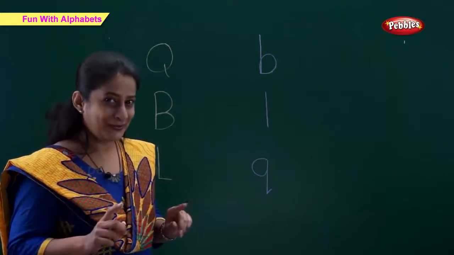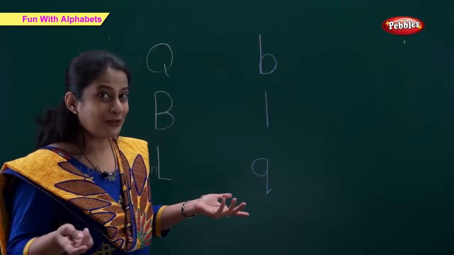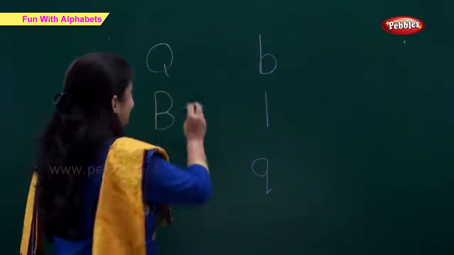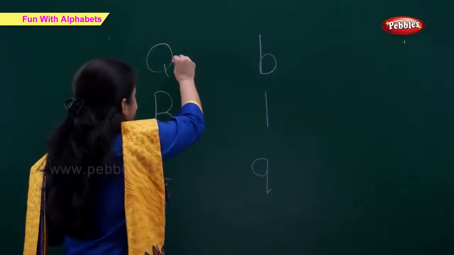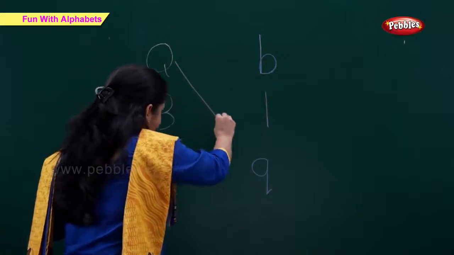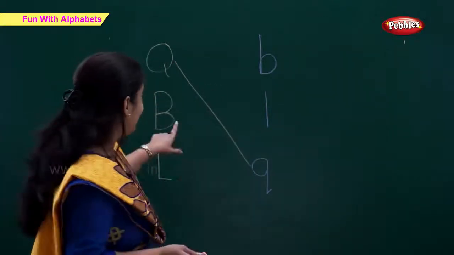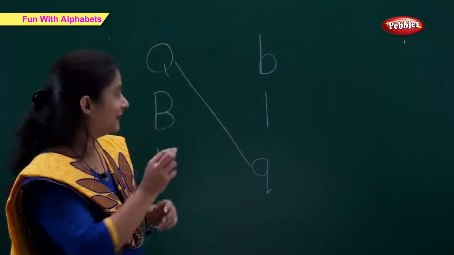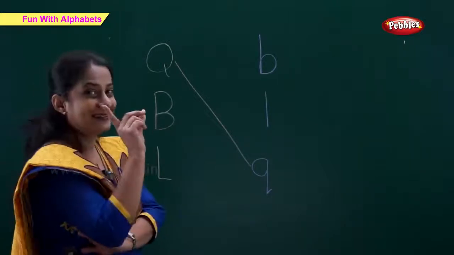It's big Q. Now tell me where small q is? Right. So now I will match Q's. Very good. Now which letter is this? It's V. And now where is small v? Right.